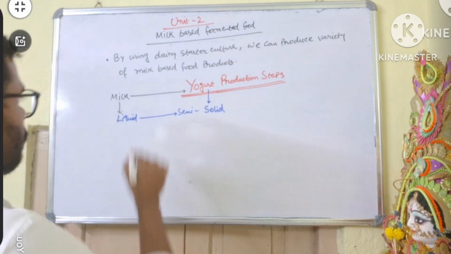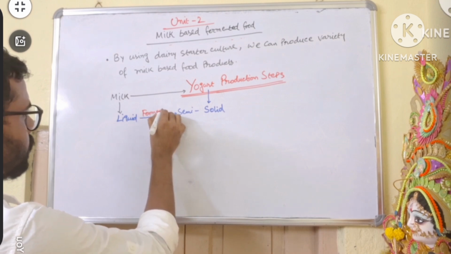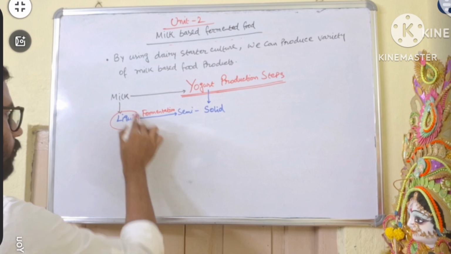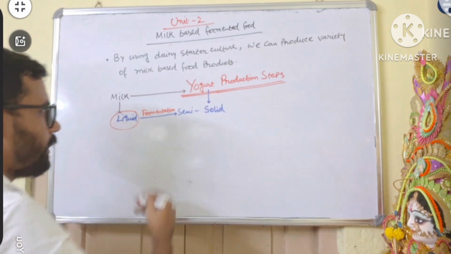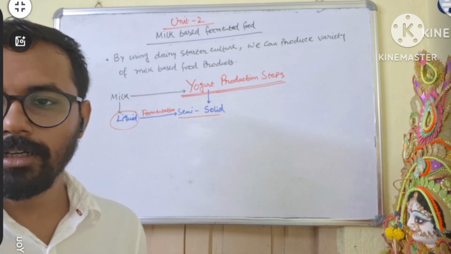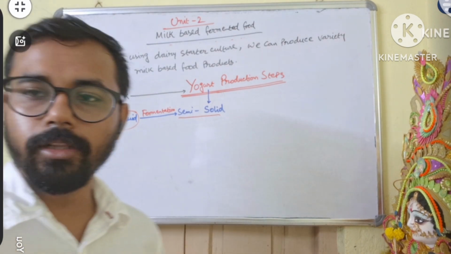How? This is only done by fermentation, isn't it? Milk is a liquid form, but when it is fermented, it becomes semi-solid or solid form, and we call that yogurt.